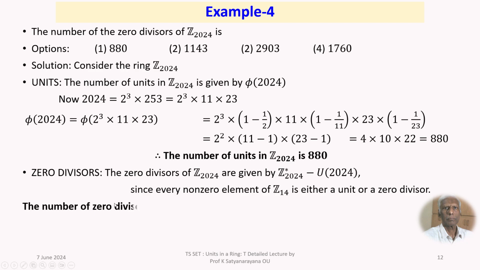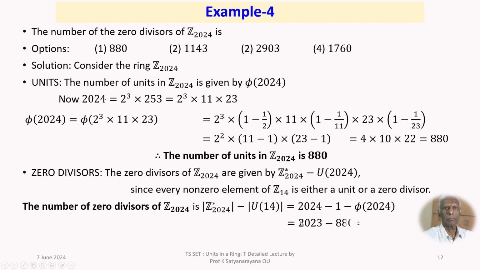So the number of zero divisors of Z 2024 is given by the number of elements of Z 2024 star, they are 2023, minus the number of units, that is 2024 minus 1 minus phi of 2024.